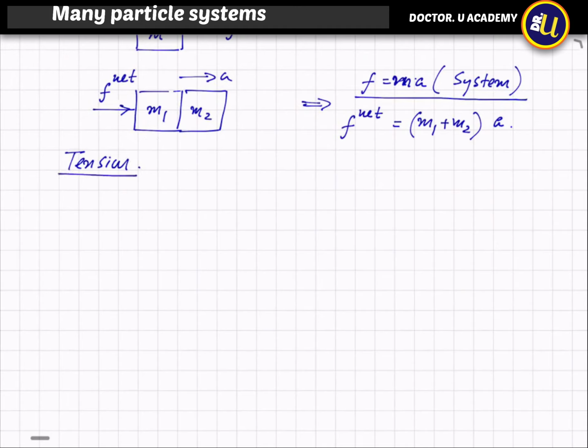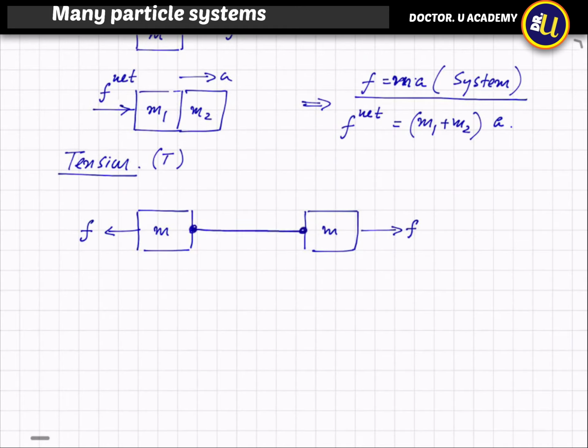So now we briefly understand tension. It's a force we typically denote by T. So what is a tension force? To understand that, suppose you have a mass m, and it is pulled by force F. There is another similar mass, also pulled by force F. Now these two masses are attached by a string.